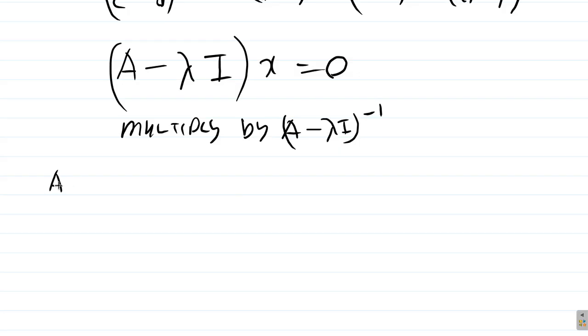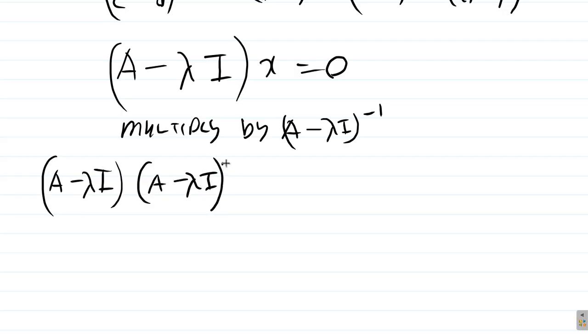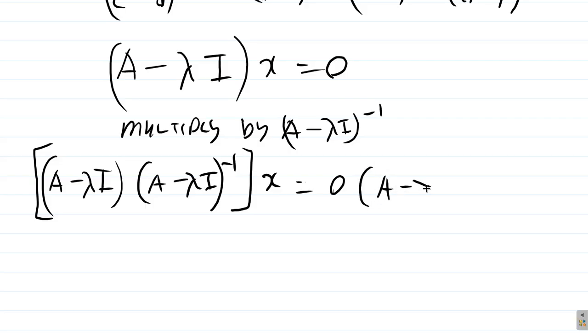So you say A minus lambda I times A minus lambda I inverse times X is equal to 0 times A minus lambda I inverse. That's what you'll have to do. You can't really just take a number over a matrix like that.